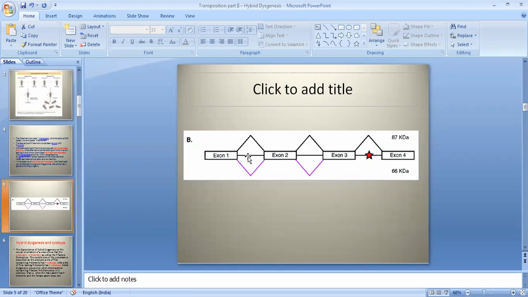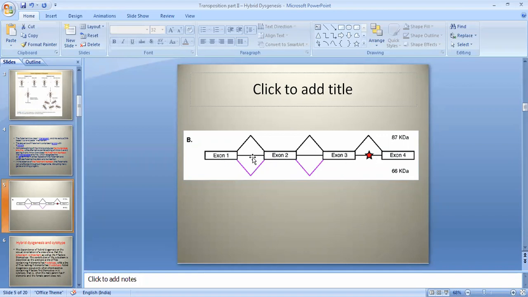So these introns need to be spliced out. But interestingly, there occurs differential splicing. It means in some cells, all 3 introns get spliced off, but in some cells, only 2 introns get spliced off, but the third intron remains.